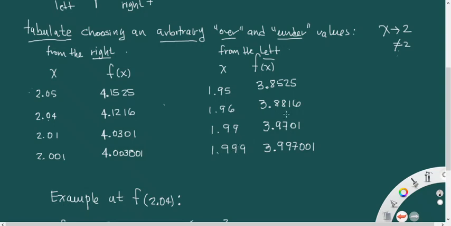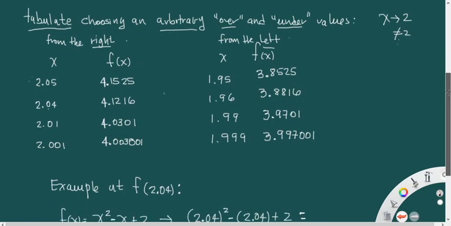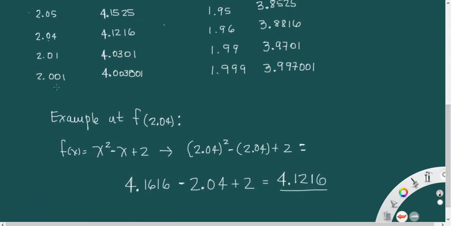How am I doing this? I am explaining an example here below. Let's say that I want to evaluate the function when x equals 2.04. So this is the function x squared minus x plus 2. I want to know the value of the function f at 2.04.